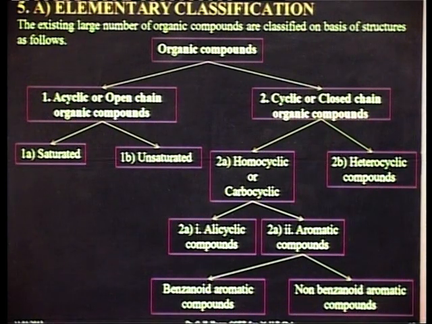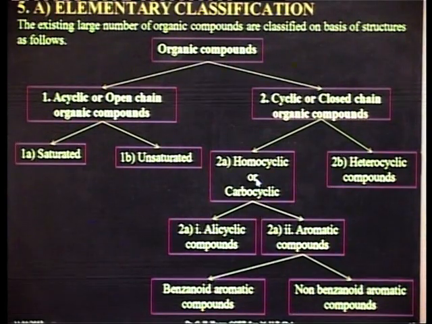Foreign element, because we are looking at organic compounds, which as I already told you are mainly composed of carbon and hydrogen. So here in the ring, you are also finding a foreign element like nitrogen, sulfur or oxygen, which makes it part of the ring. Therefore, they are heterocyclic compounds. We are going to take up the examples as we proceed further.